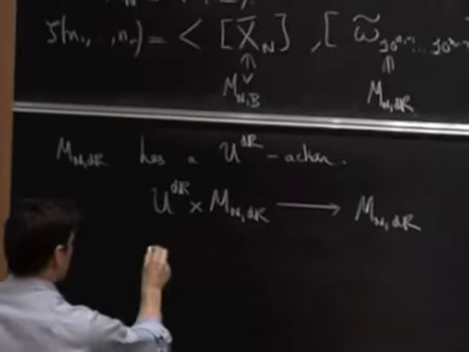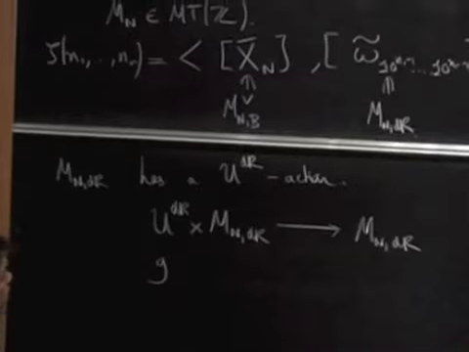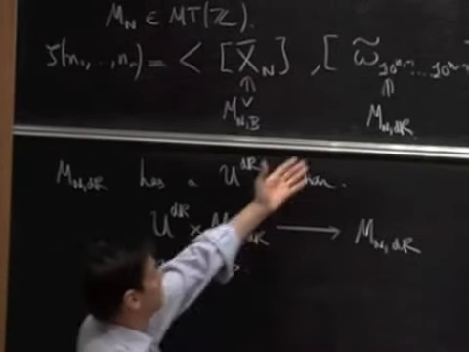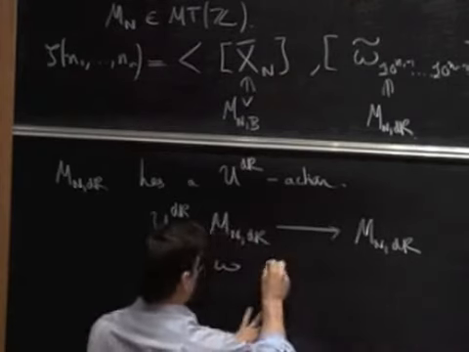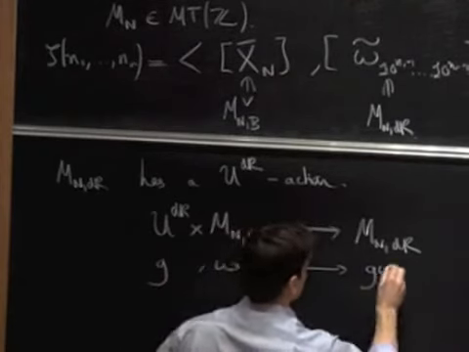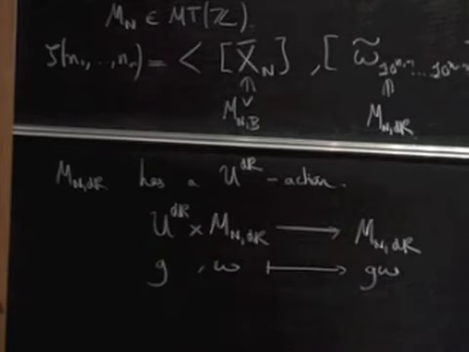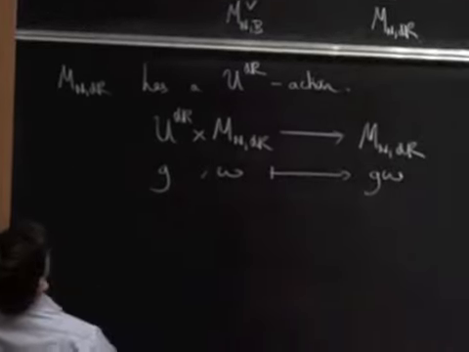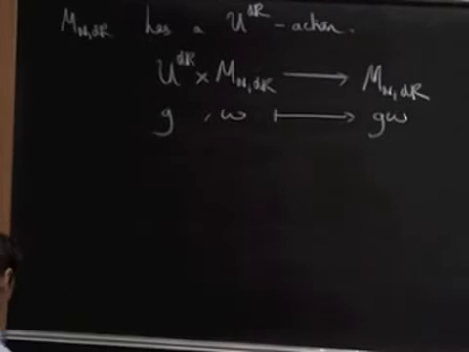So you take an element of this group and you take some differential form in this cohomology, and it just moves it to something else. Okay, so this is the Galois action that I mentioned at the beginning.